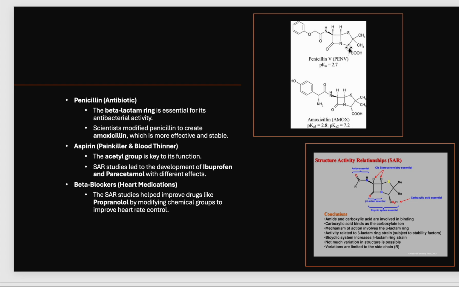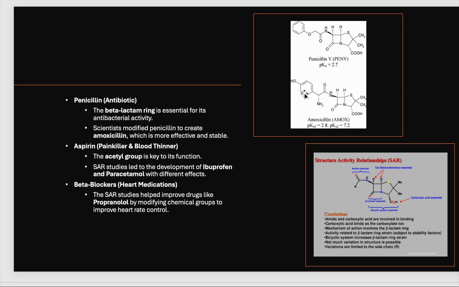You can see these parts are the same, right? You can see till here it's the same for penicillin as well as amoxicillin. What they did was they changed this. They saw, okay, maybe after changing this part the activity will increase. They went through various different things and finally decided on this.